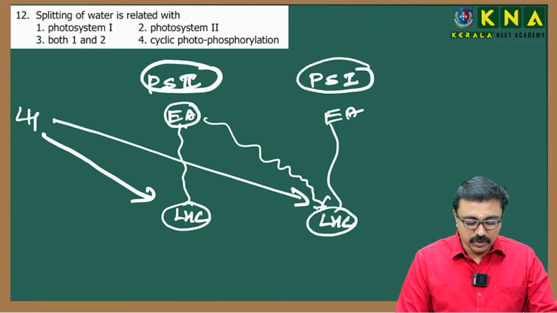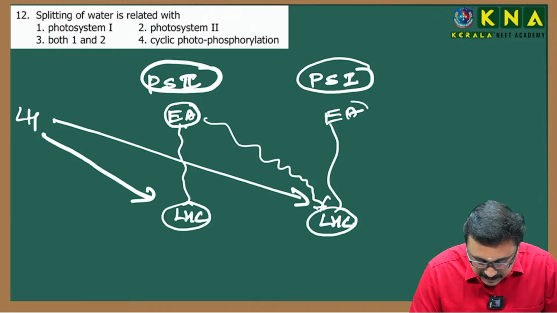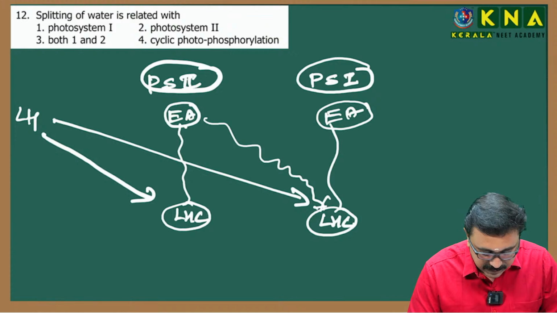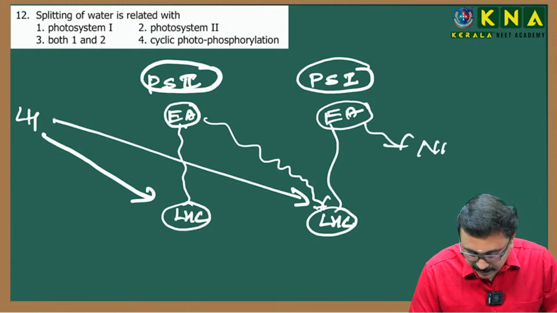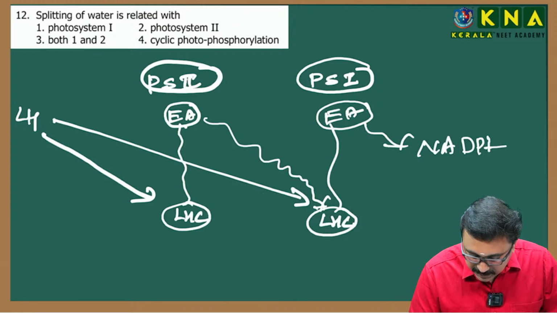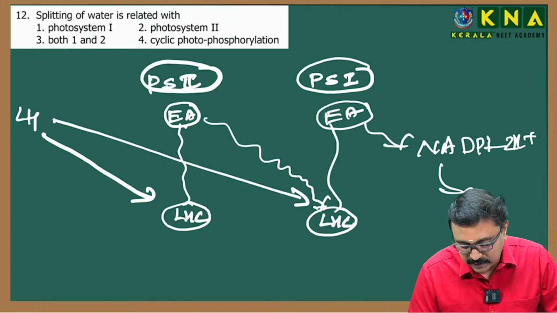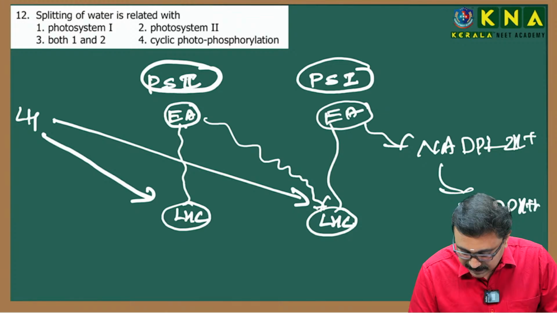The electrons from this electron acceptor now move towards NADP. This NADP also accepts H plus ions and changes into NADPH plus H plus.